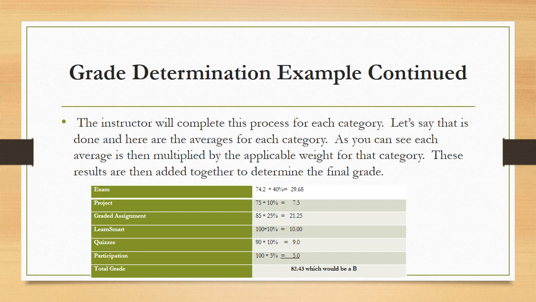Then you add each of those results together. So the 29.68 plus the 7.5 plus the 21.25, the 10, the 9, and the 5, 82.43. That is the number of your final grade, which would be a B in intermediate accounting.